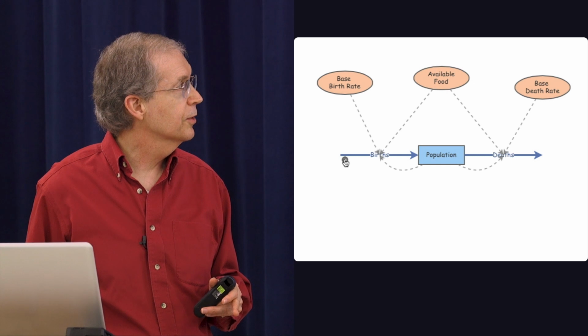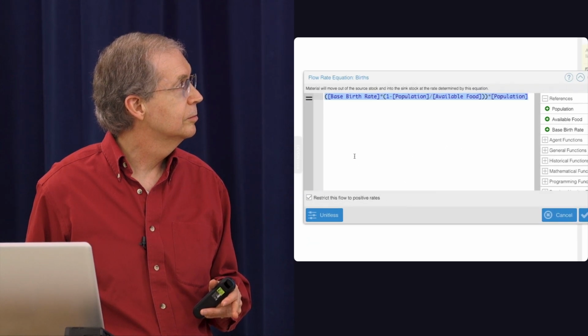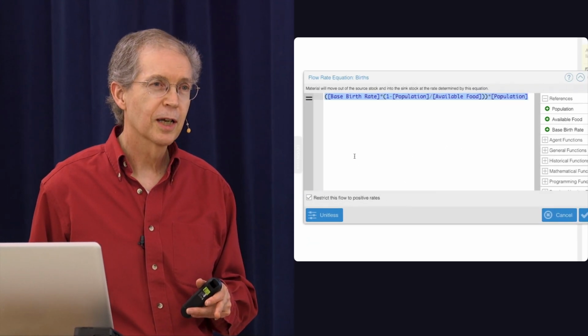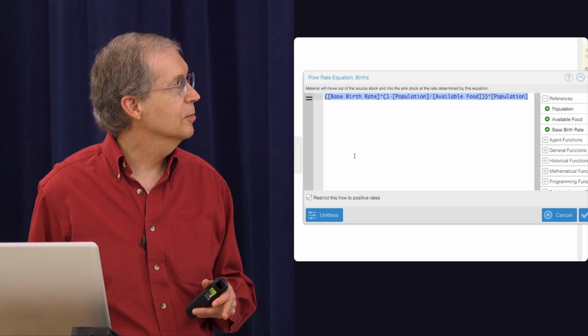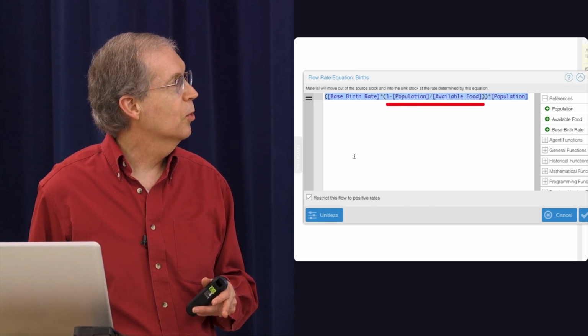Here, off with births. Now this gets a little more complicated, but it's really not bad. This says that the base birth rate times this thing, which is 1 minus the population over the available food.